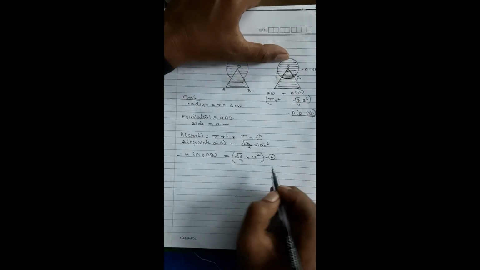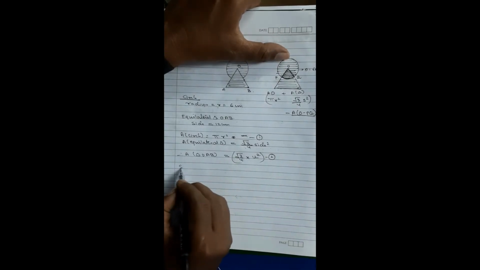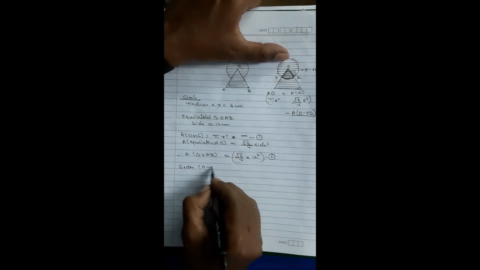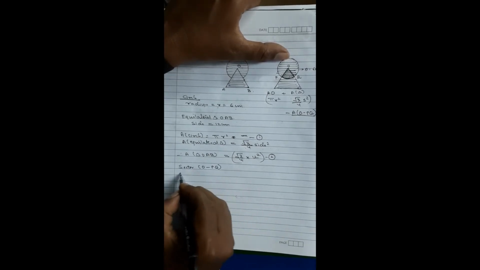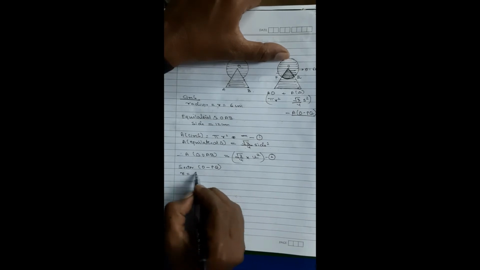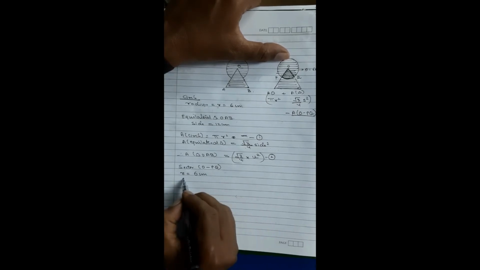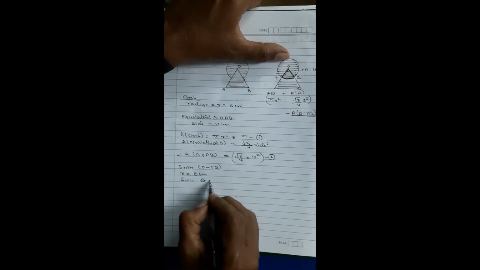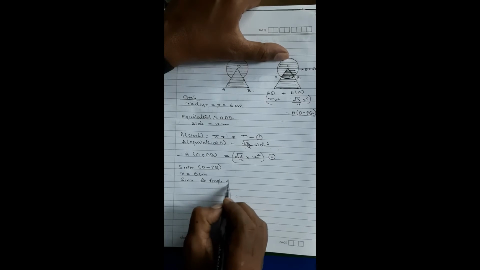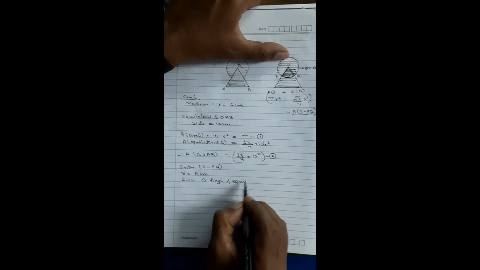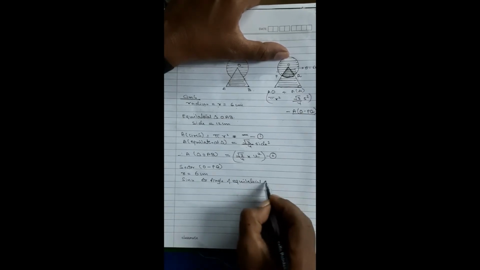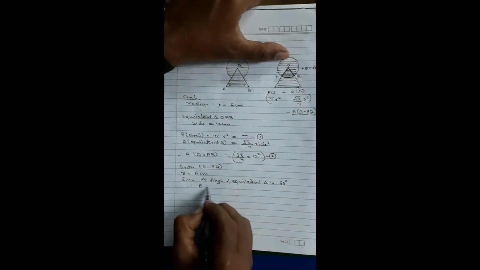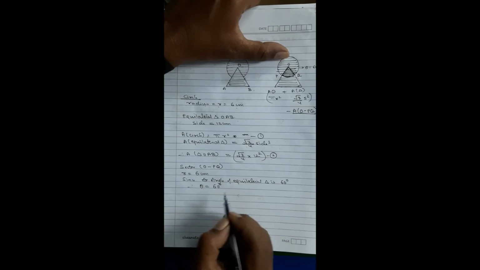Now when it comes to sector OPQ, R is still going to be equal to 6 centimeter, since angle of equilateral triangle is 60 degree, therefore theta is equal to 60 degree.